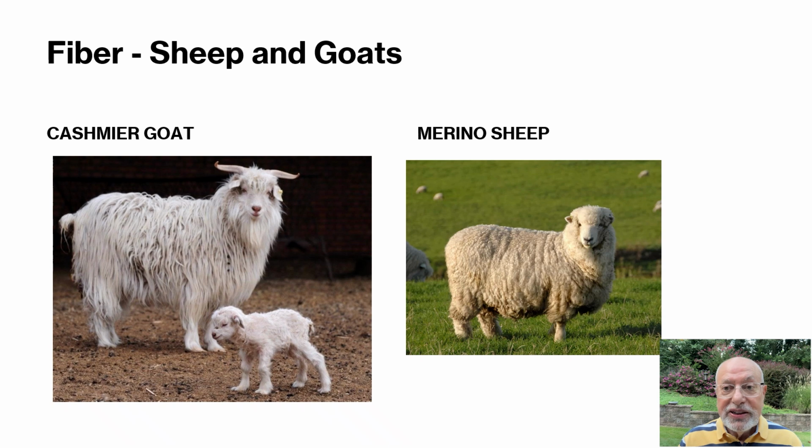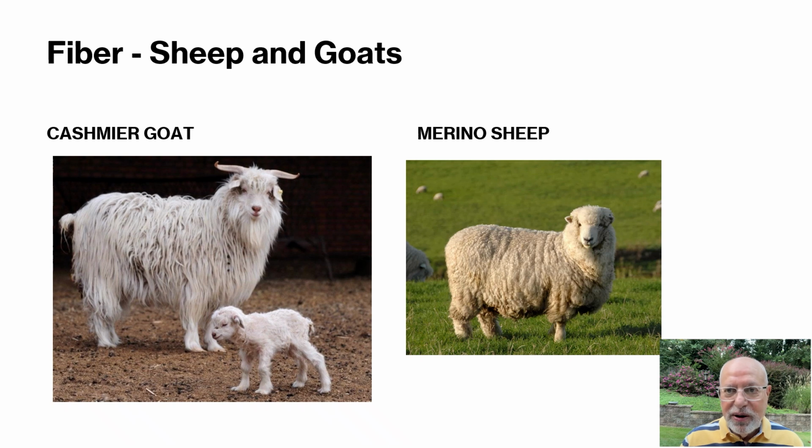Now, there are some very unique and interesting breeds in these two species. The sheep, as you know, we call ovine, and the goat we call caprine. Both of these species have unique breeds which produce very nice fiber, which we use.